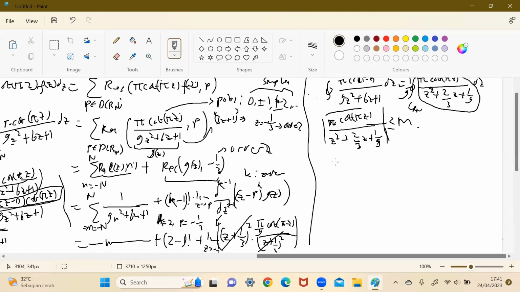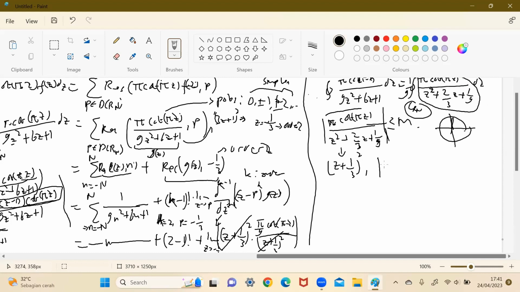Oh, by the way, I forgot. It has to be bounded in the disk, the disk that we set up earlier. So here we can rewrite the denominator as this.